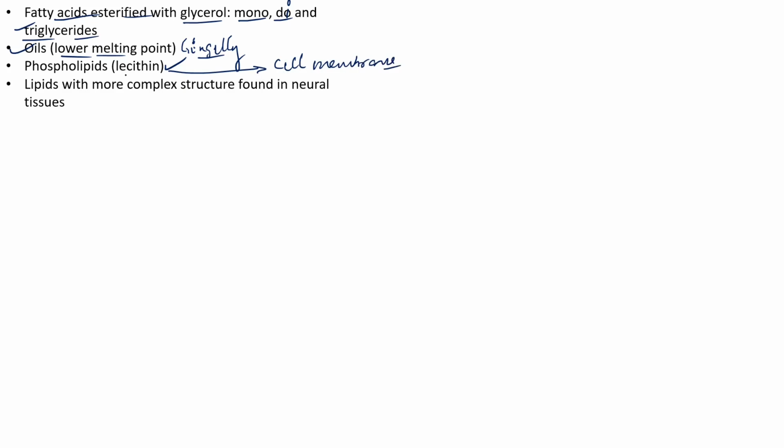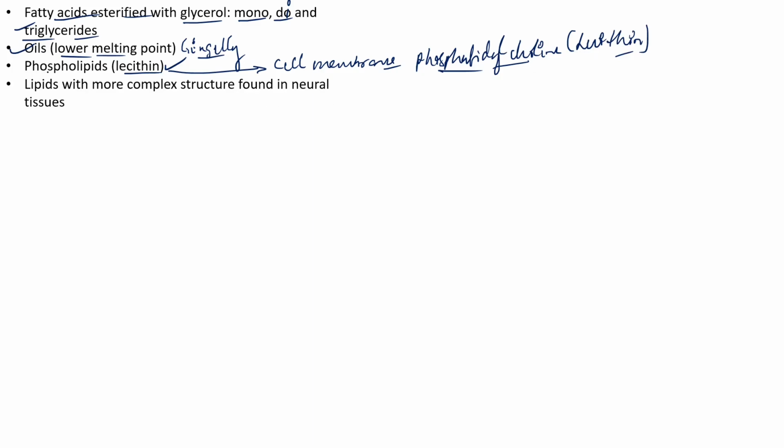One example for a phospholipid is lecithin, and another name for lecithin is phosphatidylcholine. Remember this, an alternative name for lecithin. Not required, but still an extra point to remember.